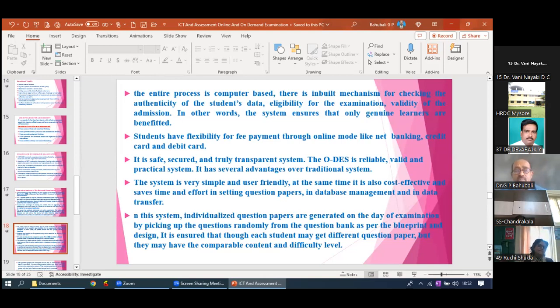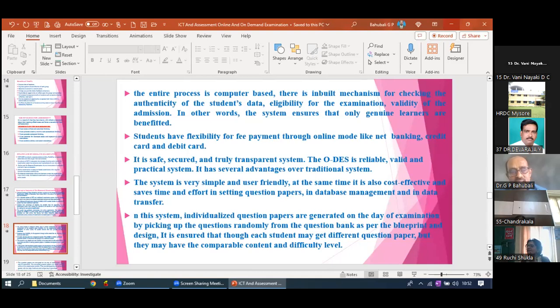And in this system, an individualized question paper will be provided. This is one of the reasons why malpractice can be reduced to a larger extent, or we can even see zero malpractice, because of the individualized question paper.